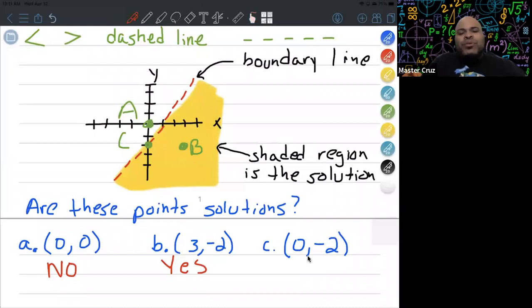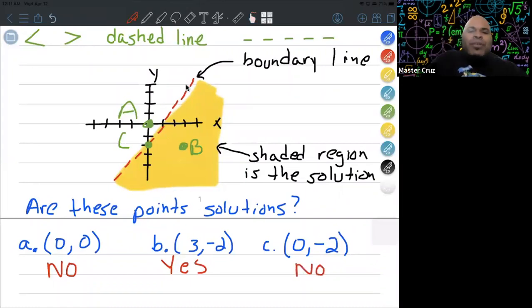How about (0, -2)? Well, it turns out that C, (0, -2), is actually on the boundary line. So the question is, is it a solution, yes or no? What do you think? Well, here's the deal. It depends on the boundary line. If the boundary line says less than or greater than, it's going to be a dashed line. Now remember, if it's dashed, it does not include the points. So for this specific graph, this point is not a solution.